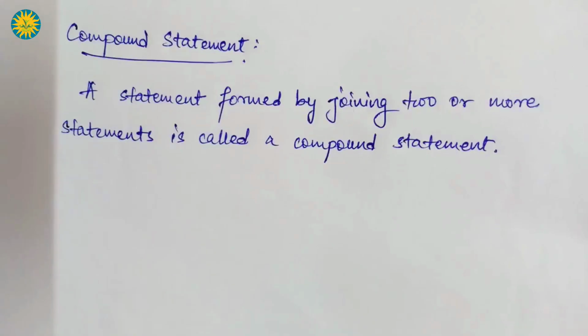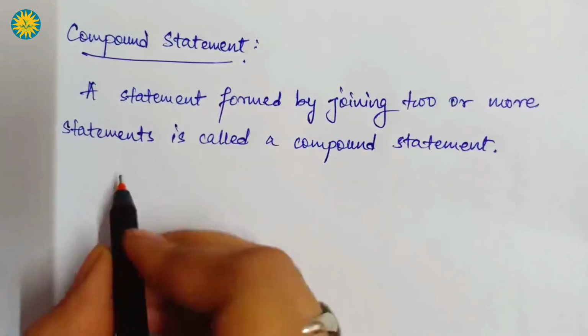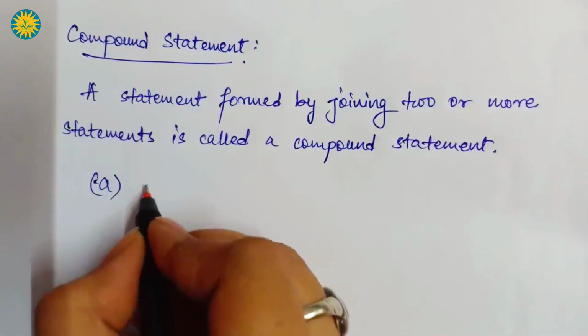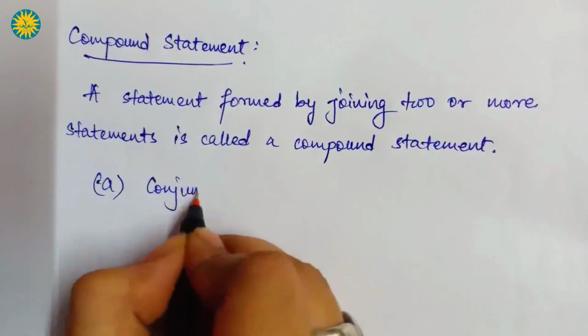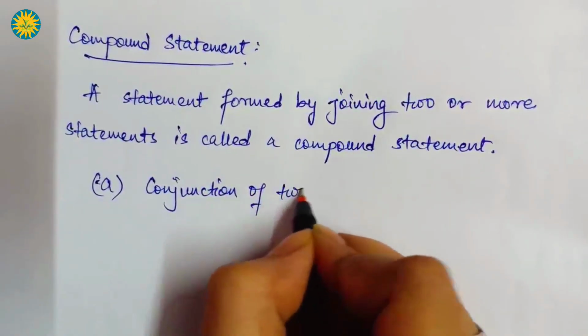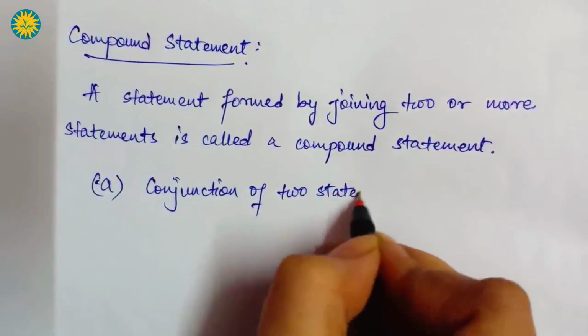We can join two statements by using a conjunction. So the first one is conjunction of two statements.